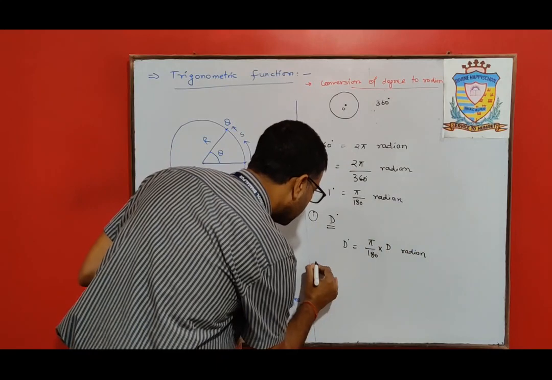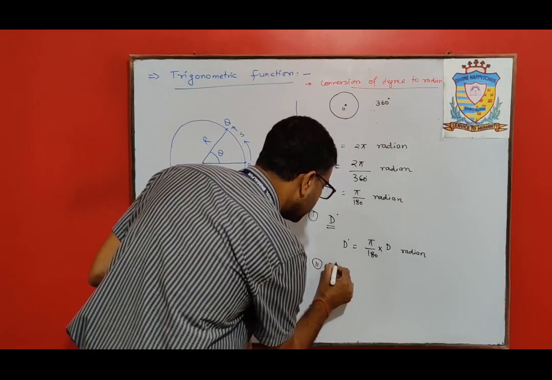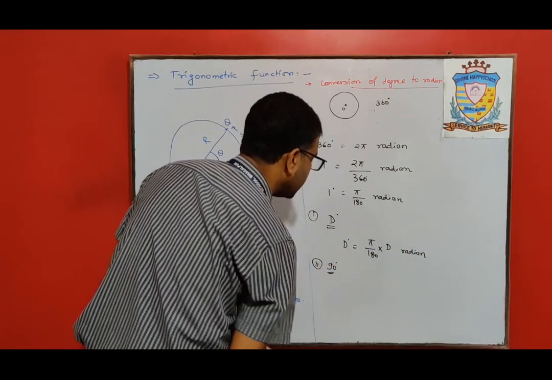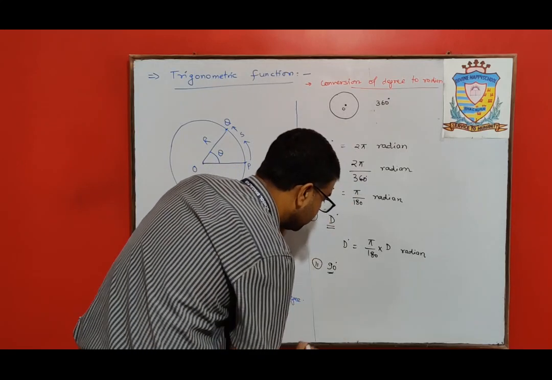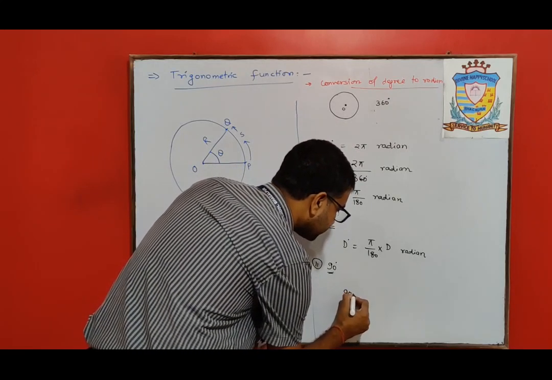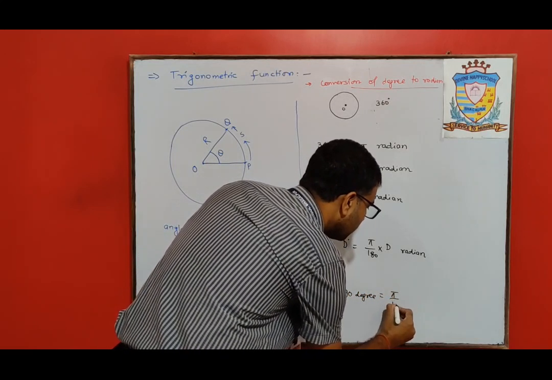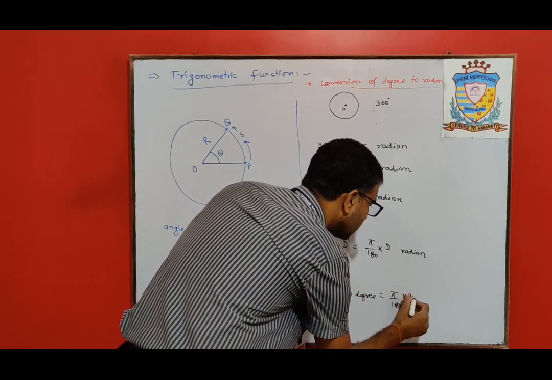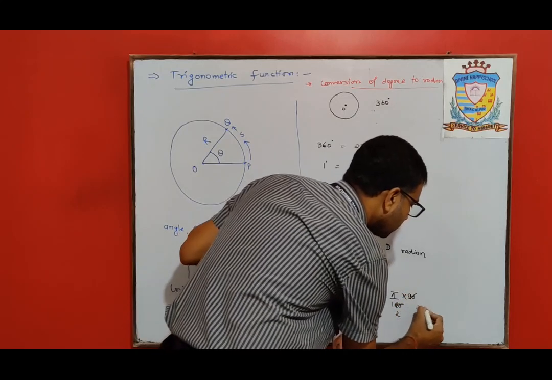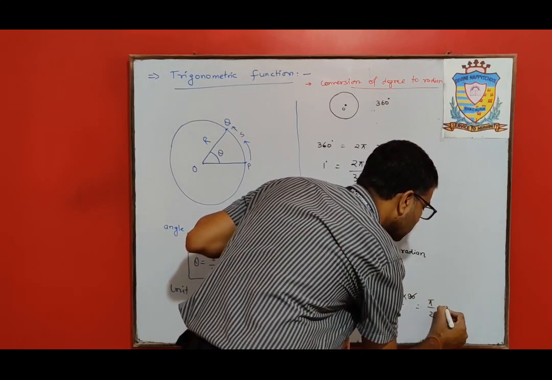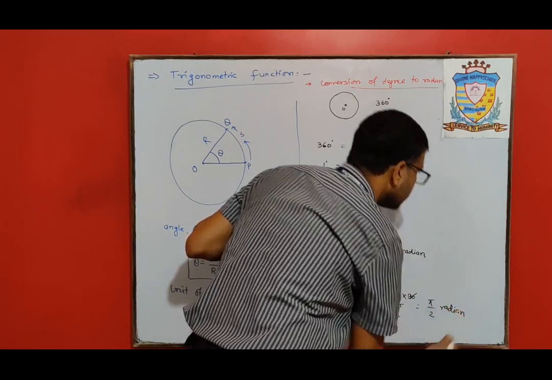For example, we have to convert 90 degree into radian. Clear? So now this 90 degree can be written as pi upon 180 into 90. So pi by 2 radian. Clear?